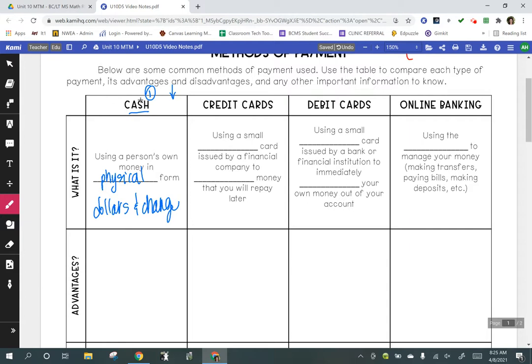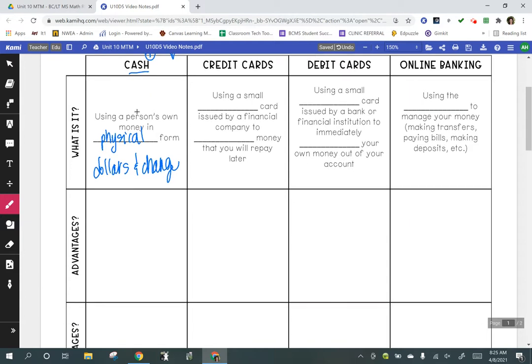So some of the advantages of using cash is that it's going to help you stay in budget, because you can only spend what you got, right? Okay. The other thing with cash is, even though this is supposed to be an advantage, it's kind of I guess a disadvantage, you have that feeling of a loss when it's spent.